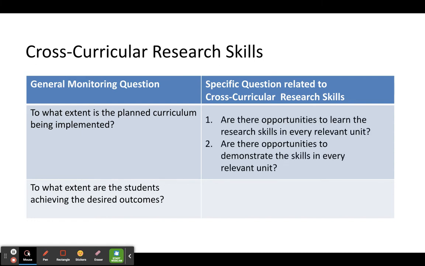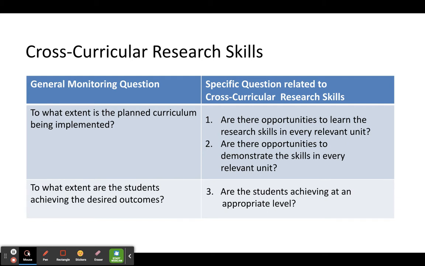For implementation, we might ask ourselves, well, okay, if the curriculum is going to be implemented effectively, then there are going to be opportunities for kids to learn all of these skills, and there are going to be opportunities for the kids to demonstrate each of these skills. And these will be embedded in the units in our school, so we'll look into those units to make sure that these opportunities are there. And then for student outcomes, we're just going to be asking ourselves, well, are students achieving these particular standards, these particular skills at an appropriate level?